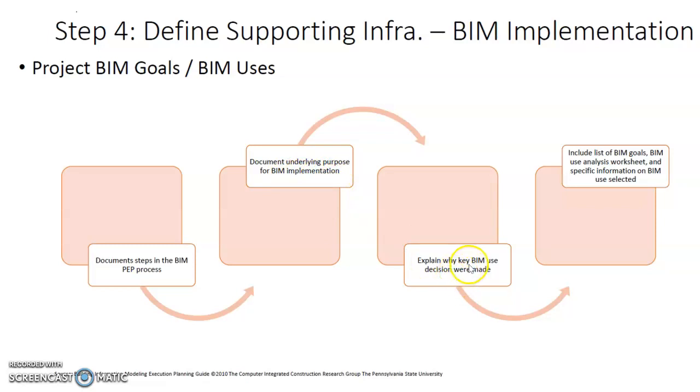Explain why key BIM use decisions were made, and then we include the list of the BIM goals, the BIM use analysis worksheet, which just now was shown to you, and the specific information on the BIM use that is selected. So that is under this step 4.